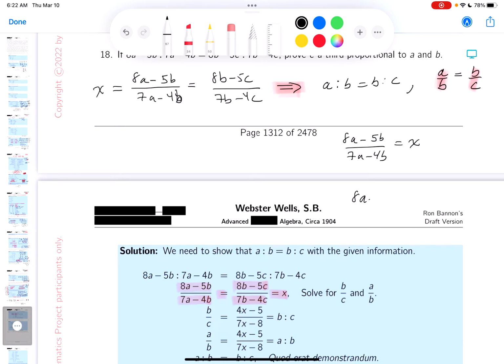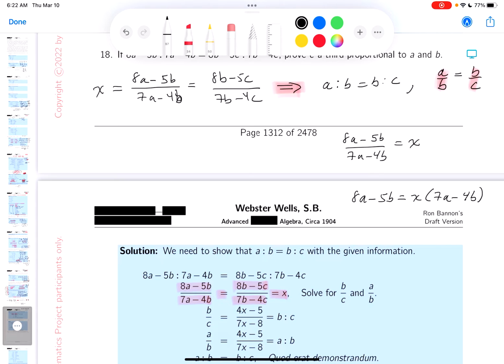So 8a minus 5b equals, let's see, you'd get x times (7a minus 4b). And let's see what we're going to get here.